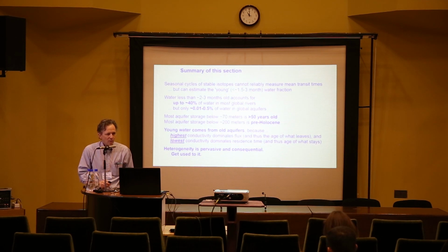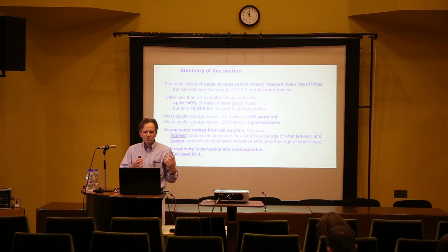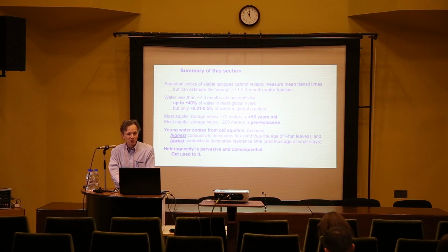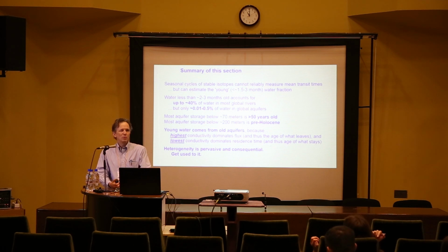Okay. So what we've seen in this section is that we can reliably estimate the fraction of water that's young in stream flow, young meaning between 1.5 and 3 months. And we can see that this accounts for up to 40% of water in global rivers, but it only accounts for a tiny fraction of the water in global aquifers.